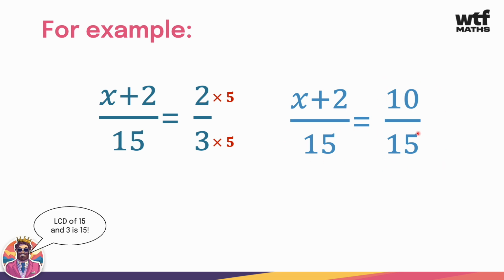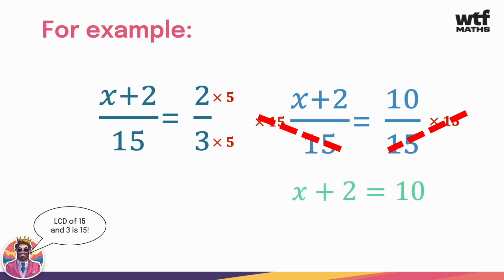So now that these denominators are the same, something really cool happens. When I times by 15 on the left to get rid of this, I naturally have to times by 15 on the right. So what's going to happen is both denominators are going to cross off. So we completely remove both denominators at the same time by using this method.